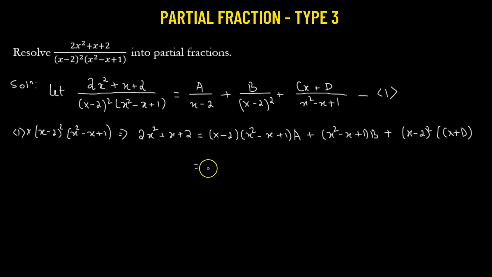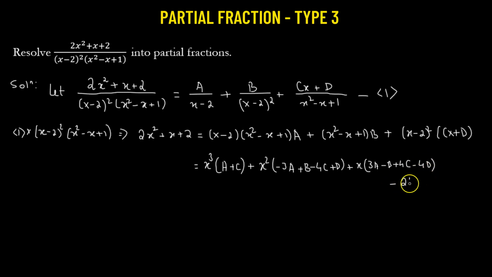The highest power of x will be x cubed, with a coefficient A plus C. The next lower power is x squared, with a coefficient of negative 3A plus B minus 4C plus D. Then we have x with a coefficient of 3A minus B plus 4C minus 4D. And then the constant term, negative 2A plus B plus 4D.